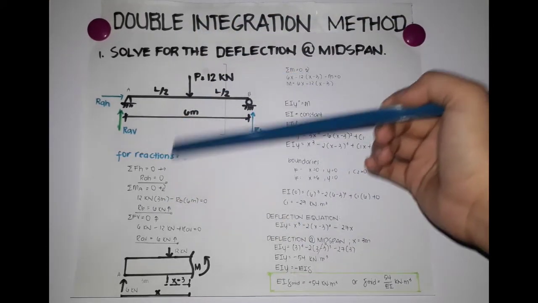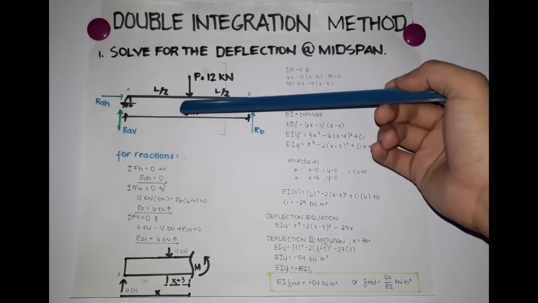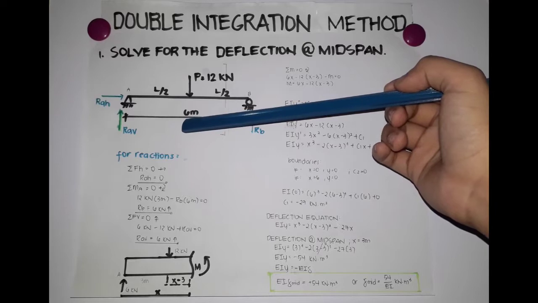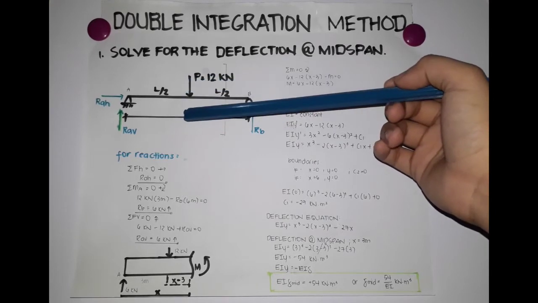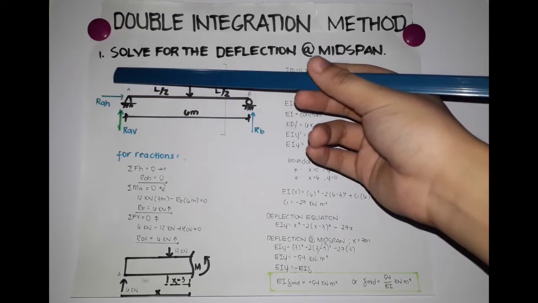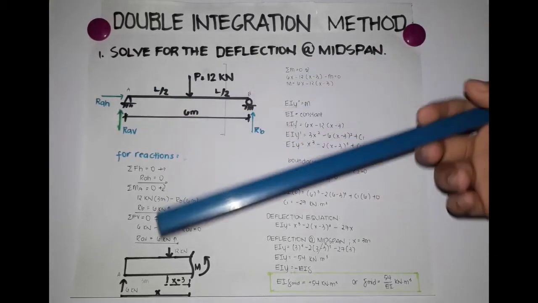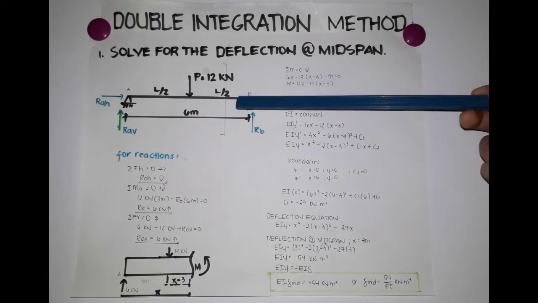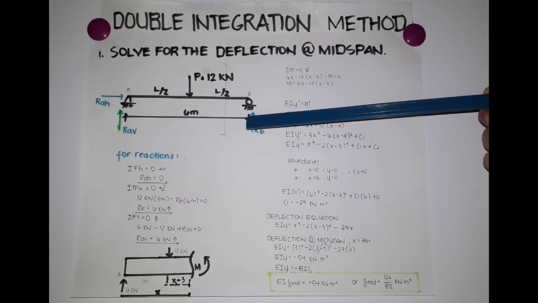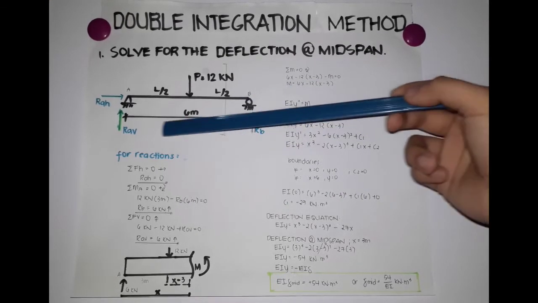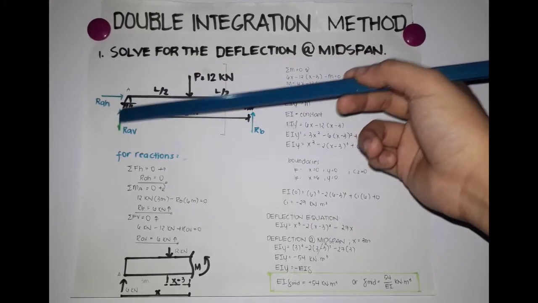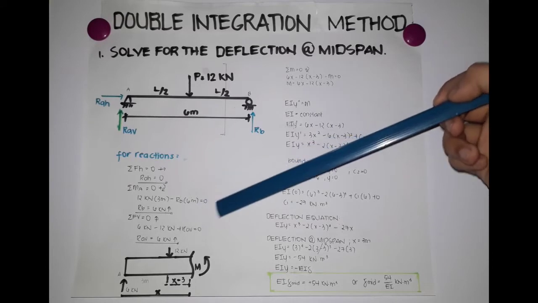Yung 12 kilonewton na load natin multiplied by 3 meters, which is yung distance between the load and yung sa A, minus reaction at B multiplied by 6 meters, which is yung distance niya din papuntang A, equals to 0.